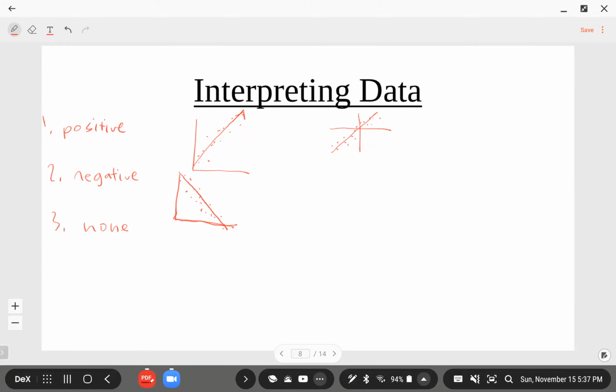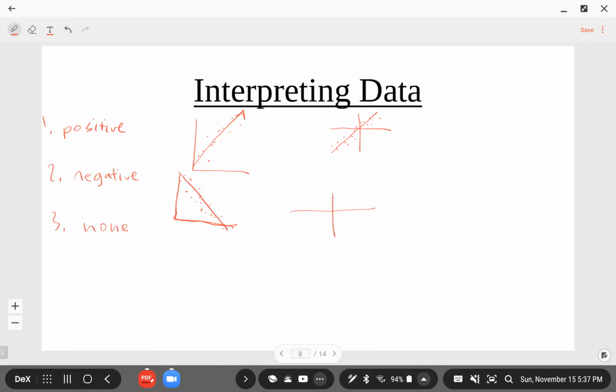This shows negative association, and of course this also works. Let's say x values are increasing while y values are decreasing.